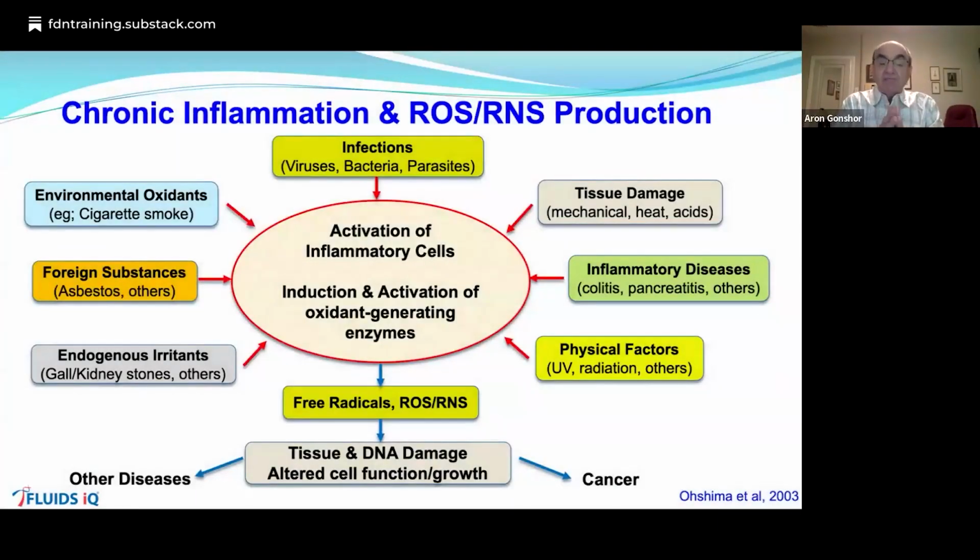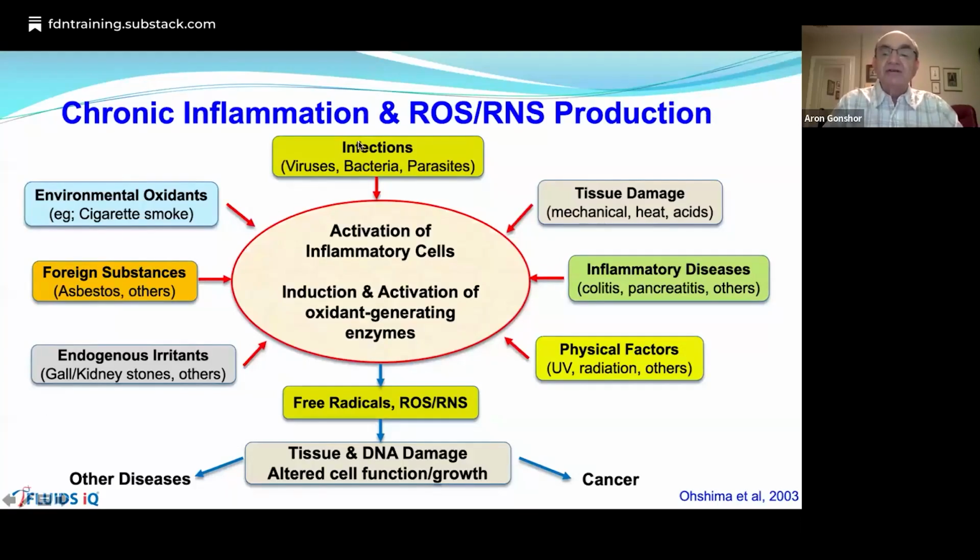So remember that if someone has chronic inflammation, and there are many discussions we can have about chronic inflammation, it is something we need to keep in mind at all times, is very much related to these reactive species.